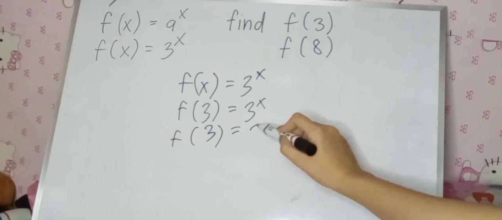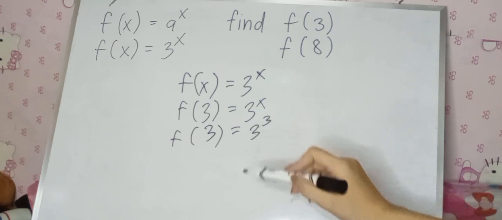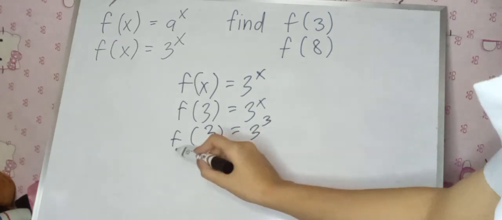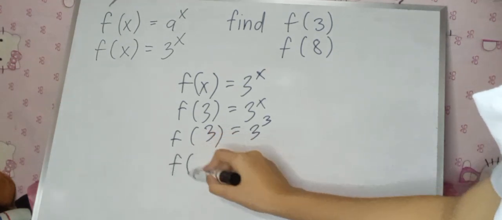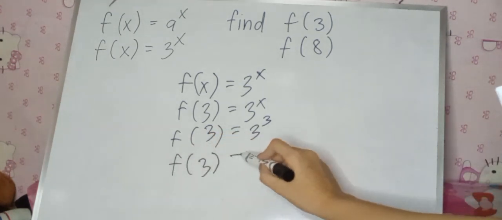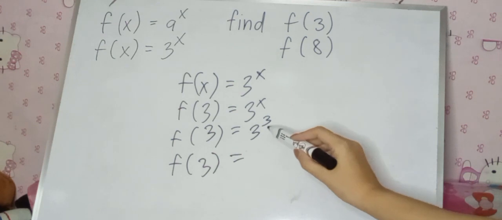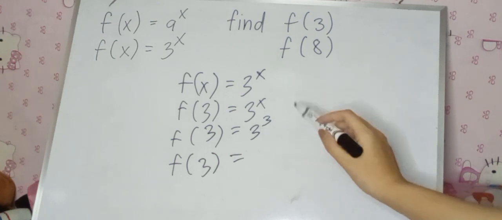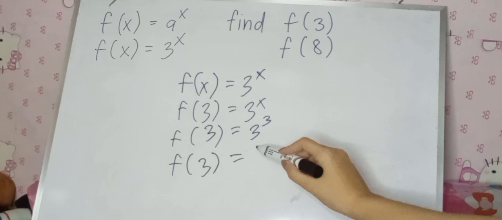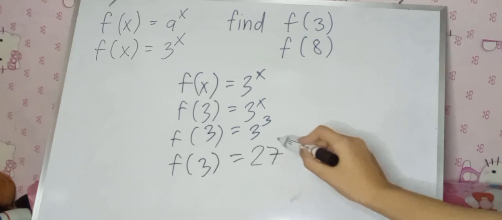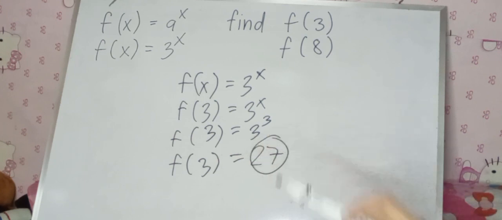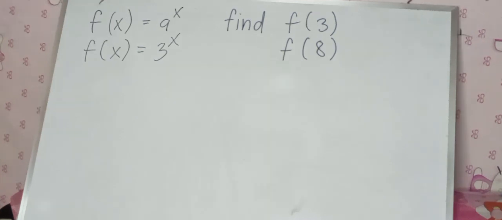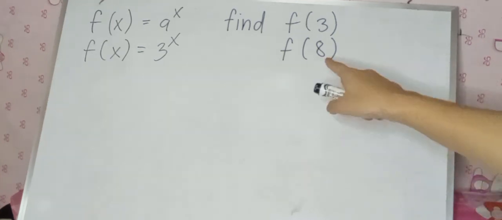Yung x magiging 3 na rin dahil ayun yung hahanapin natin. Now, to solve that, 3 raised to 3 is equals to 3 times 3 times 3 is equals to 27. Now, ayun yung sagot.